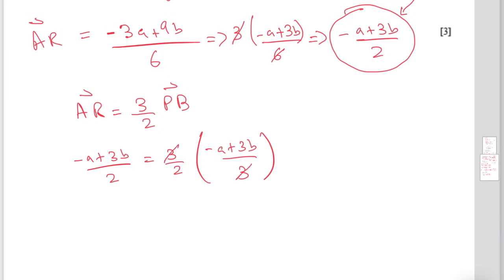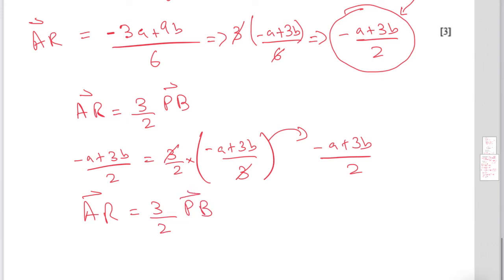If I multiply them, this gets cancelled out, and this also becomes negative A plus 3B over 2. Therefore, AR is parallel to 3 over 2 PB, or this is the value of both these matrices. Hence, we prove this.